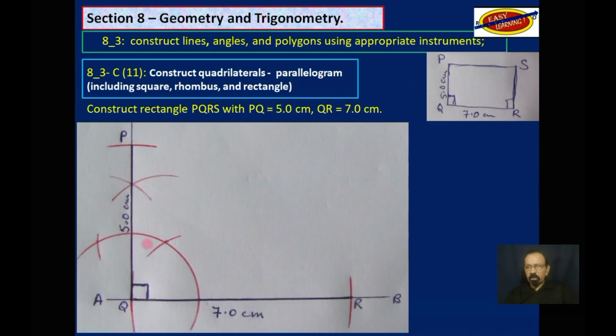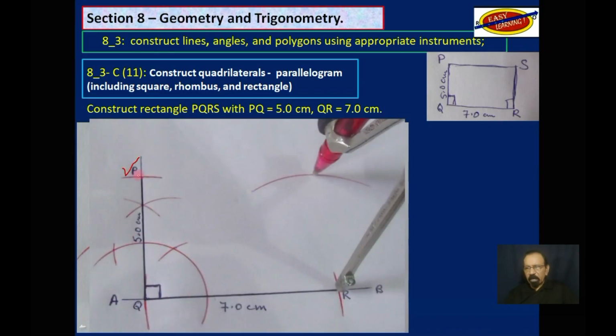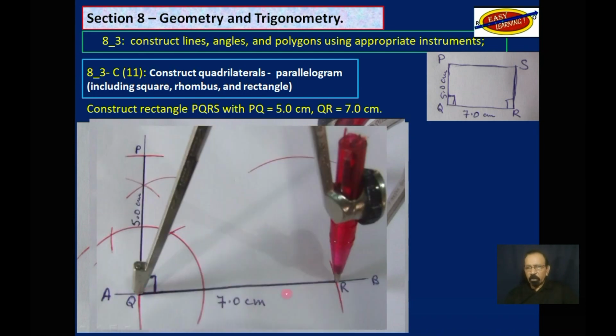Of course, you could have just constructed this 90 degrees here a different way, and then take the measurement from P to Q, come over to R, and make an arc like that. And you know that from that arc to R will be the same distance as from P to Q. Once you have that, you measure from Q to R, come up to P here, and make an arc to cut that one there.